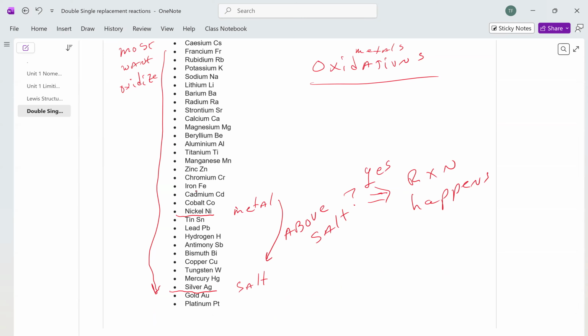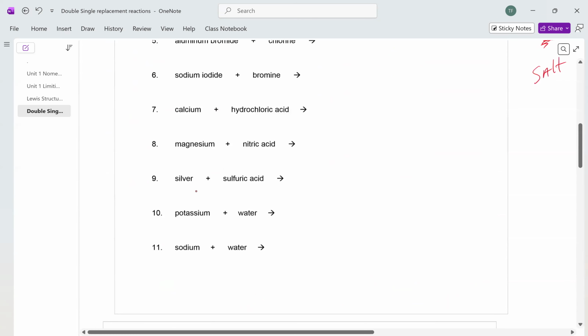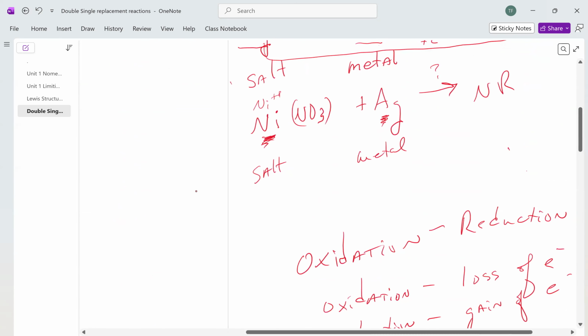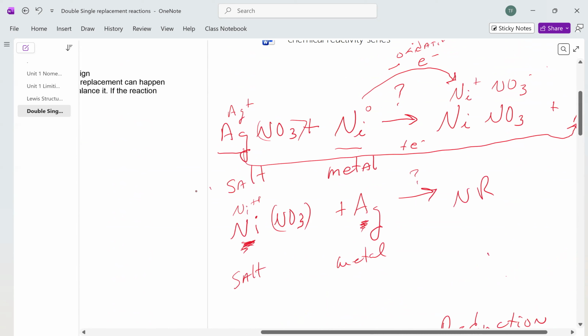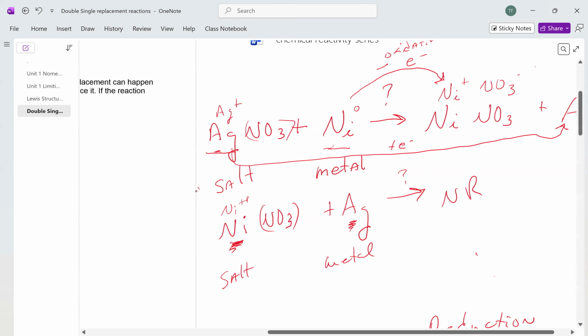If the one metal is above the salt, it goes. And if that happens, then you just write the products. So then this would become a nitrate, the nickel, and the silver would become silver metal. Okay? That's the essence of this.